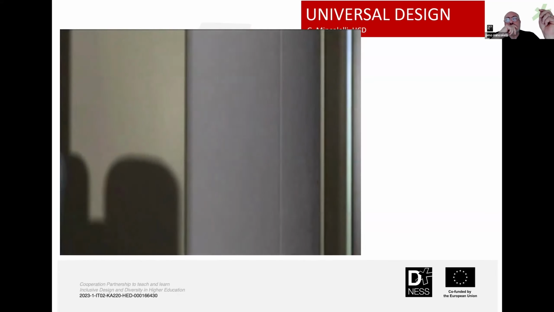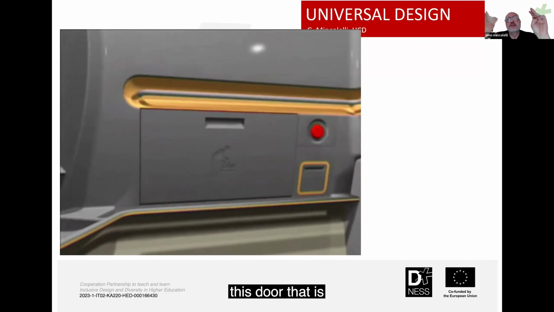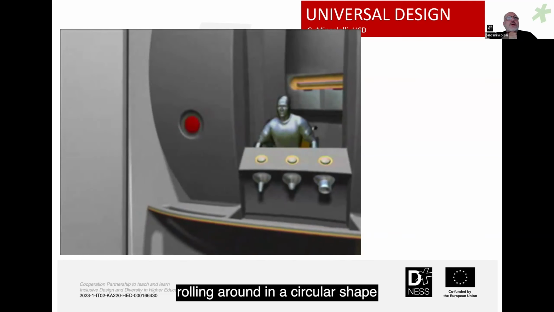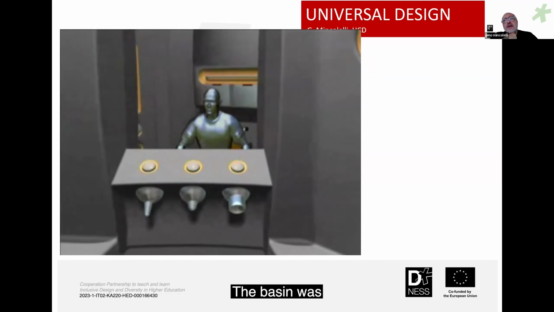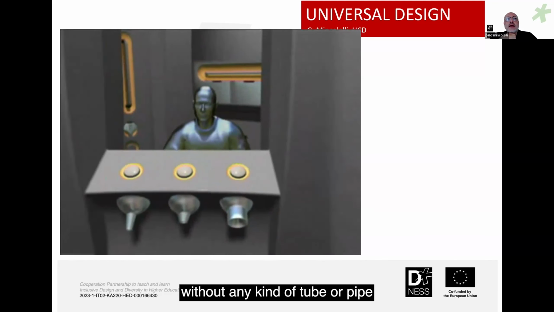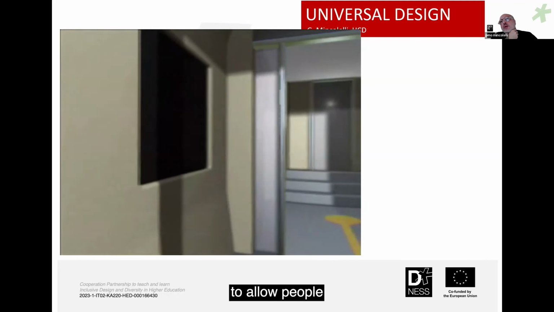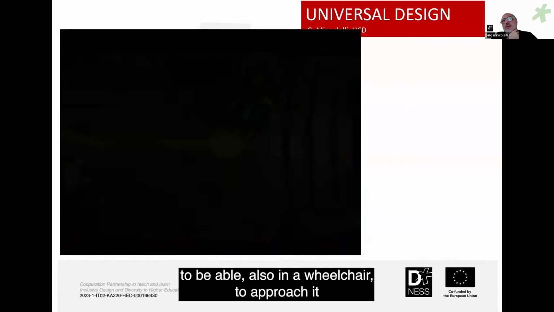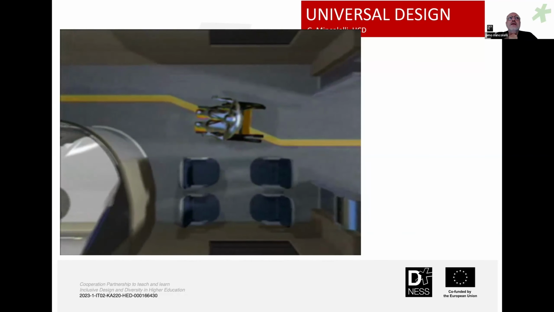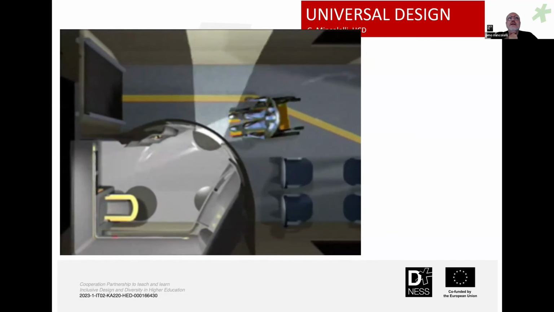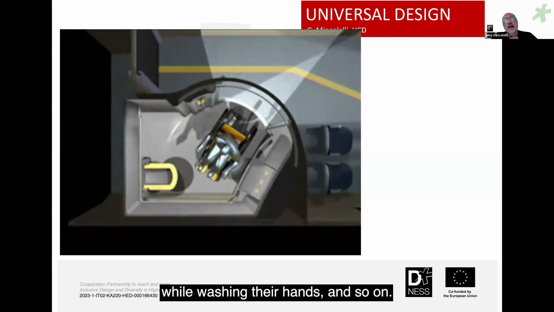We created this door that rolls around a circular shape that you must have seen in all the European trains. The basin was without any kind of tube or pipe, to allow people in a wheelchair to approach it without trouble about water while washing their hands and so on.